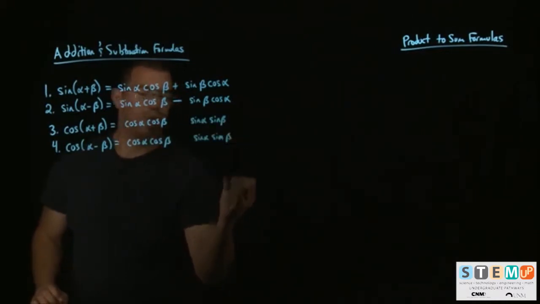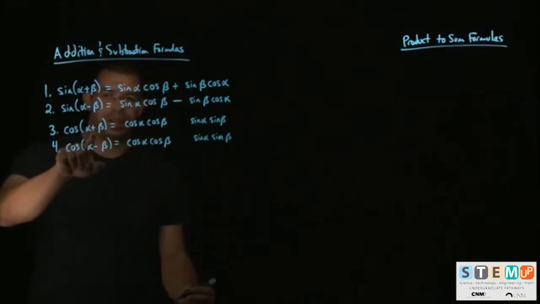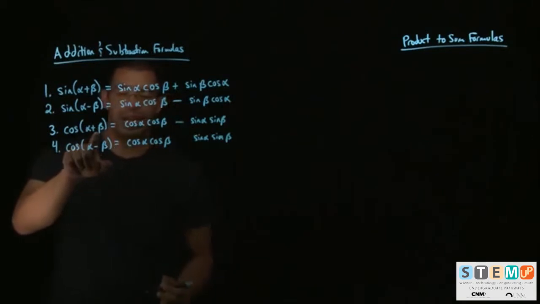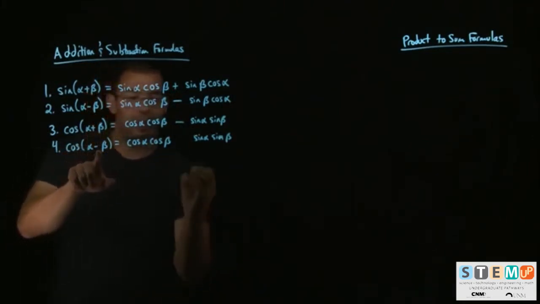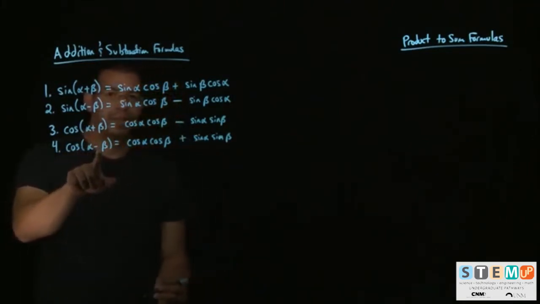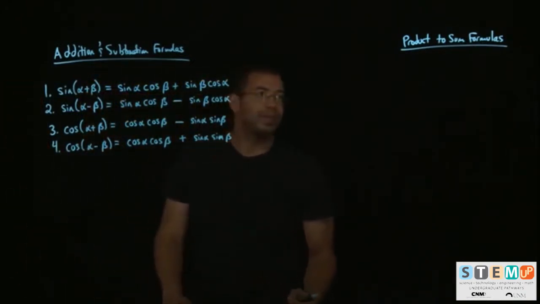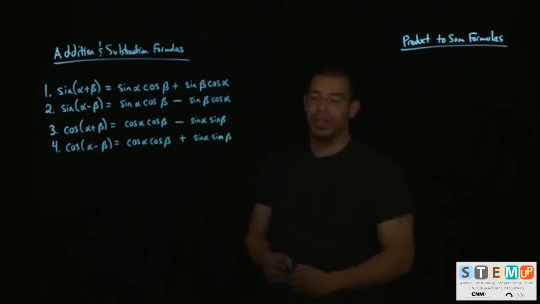Only they're reversed. So if I'm doing a plus, so cosine of alpha plus beta, it's negative. Cosine of alpha minus beta, it's a plus. And that's it. This is all we need to know to get our product to sum formulas.